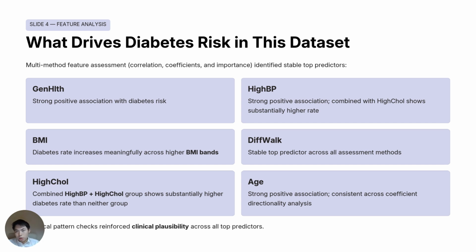That was reassuring because it matched real-world intuition. For example, higher BMI and worse general health are clearly linked to higher diabetes risk. This step helped me in two ways: one, it confirmed that the dataset contains meaningful signals, and two, it guided me on what to combine and transform in the feature engineering.